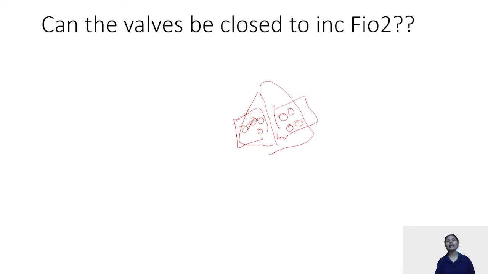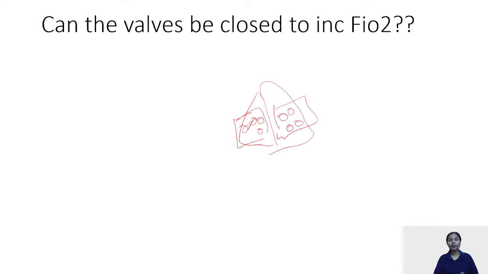The answer is a big no, because what you're doing is decreasing the exchange that has to take place. If the vents are closed, where will the CO2 that you have exhaled go? That is going to lead to accumulation of CO2 in the body rather than helping.